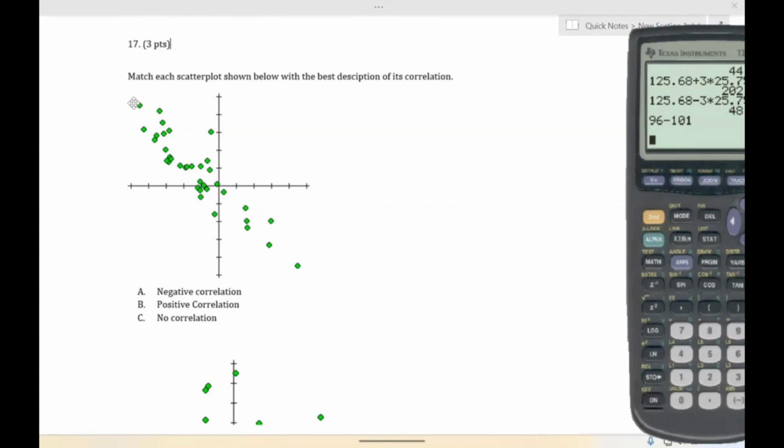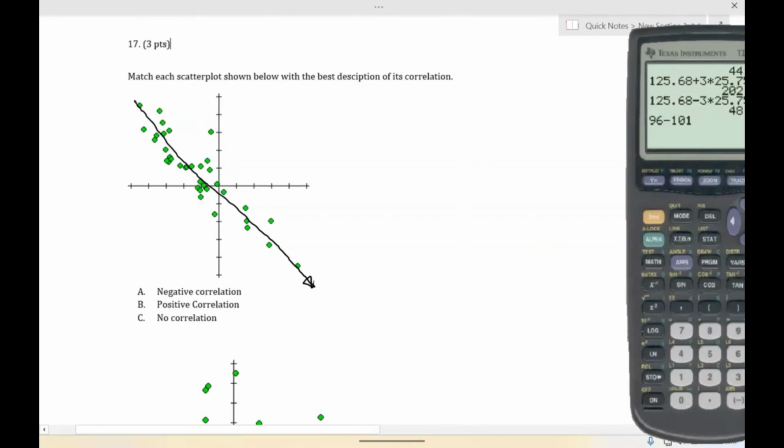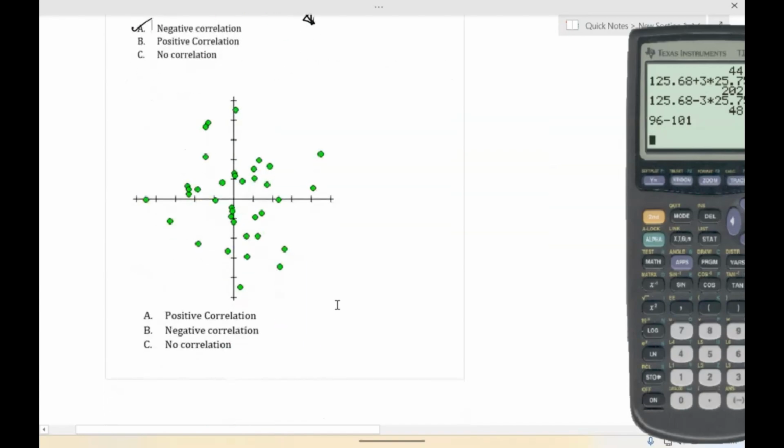So notice as we read this graph from left to right, it seems like the cluster of points could be summarized by a straight line, right? But as we read the line from left to right, notice that this line is descending or going down. The slope on this is negative. So A would have a negative correlation because all of these points are close to the line.